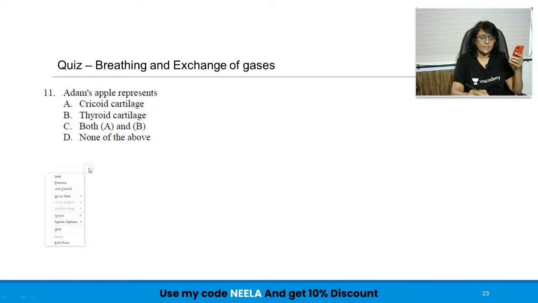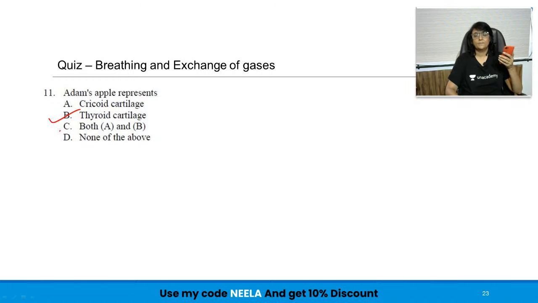Okay, the correct answer for this is B, thyroid.